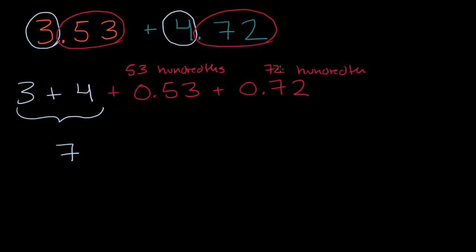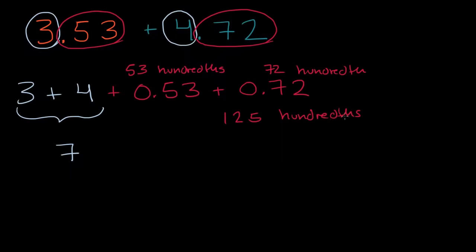Well, 3 plus 2 is going to be equal to 5, and then 50 plus 70 is equal to 120. So this is going to be 125 hundredths. So how do we write 125 hundredths as a decimal or as just a number?